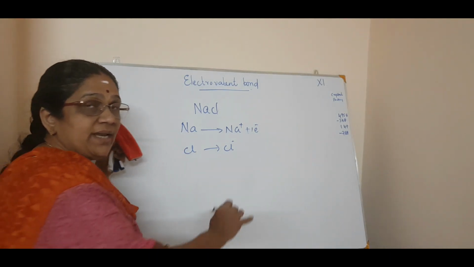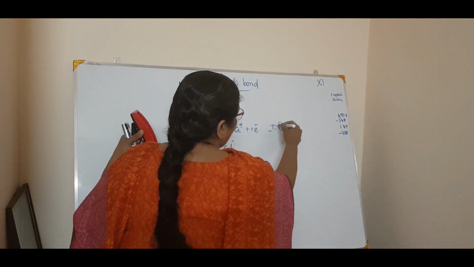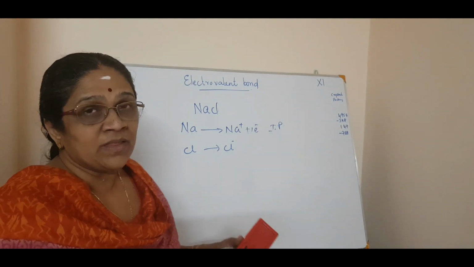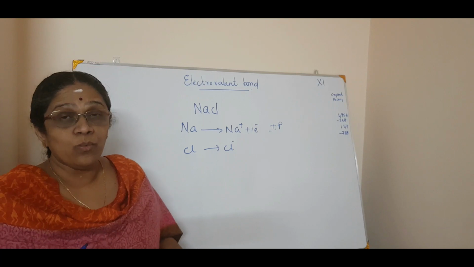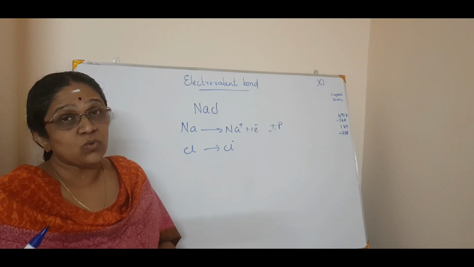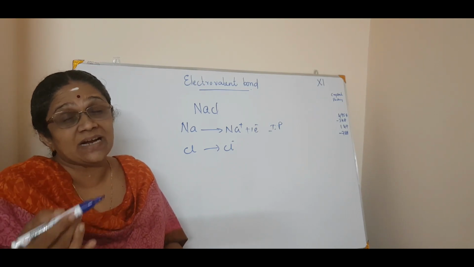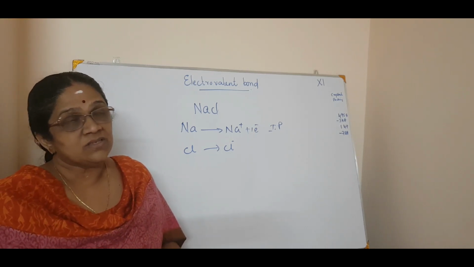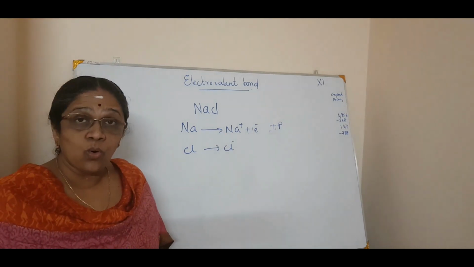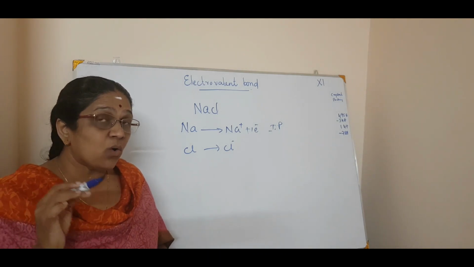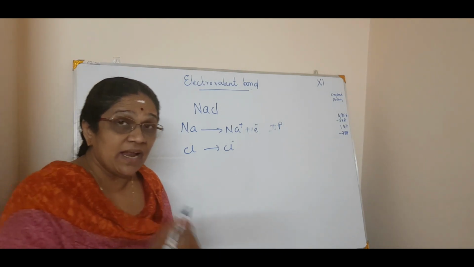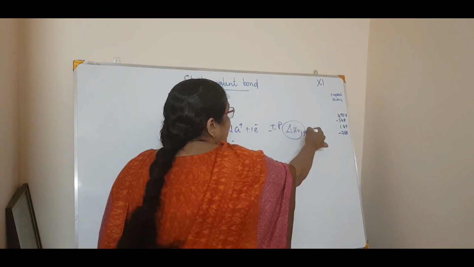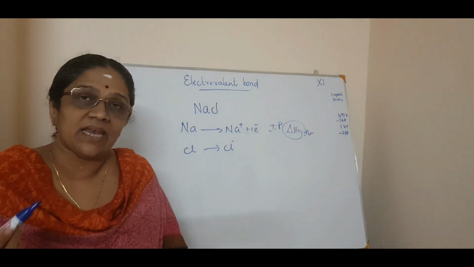That energy is called IP, or ionization potential: the energy required to remove a loosely bound electron from a gaseous neutral atom. Remember it? So IP is required, and ionization potential always has a positive value. That means delta H will be positive, that means always endothermic in nature.